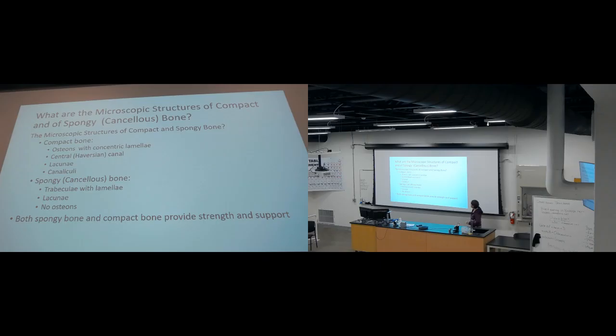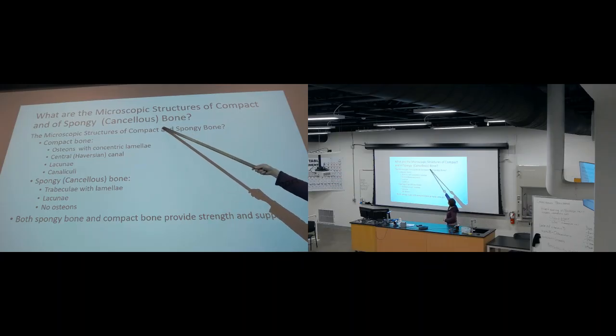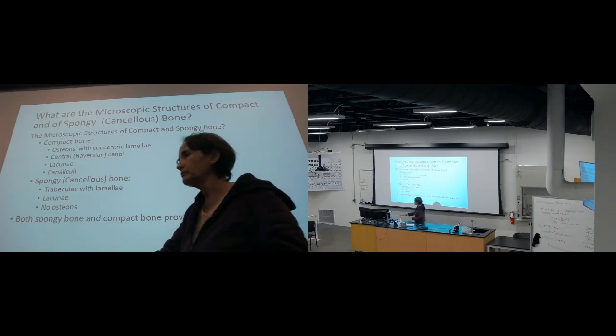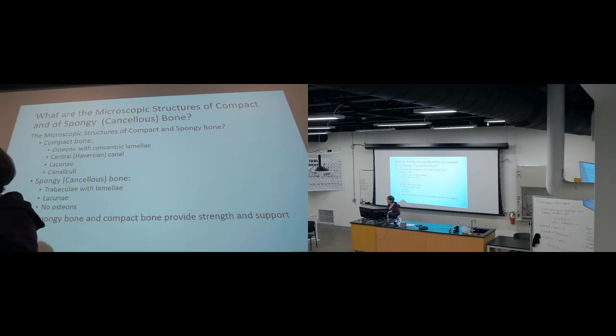So now let's look at the differences between the microscopic structure of spongy bone, which is also known as cancellous bone, and compact bone. In compact bone, you have units of bone that we call osteons.